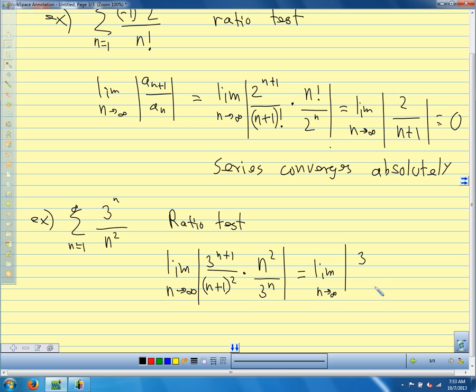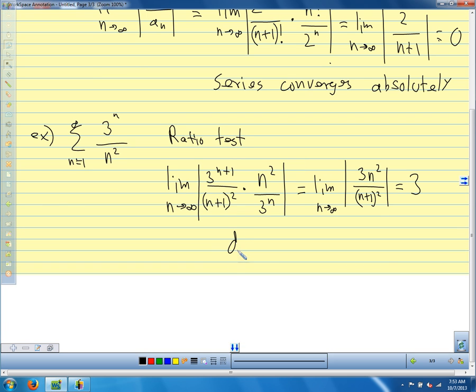Okay, we're off to a good start. What else is in the numerator? N squared. Okay, good. I think that's all that's in the numerator. In the denominator? N plus 1 squared. And what's that limit? 3. And what does that tell us? Diverges. So the series is going to diverge.